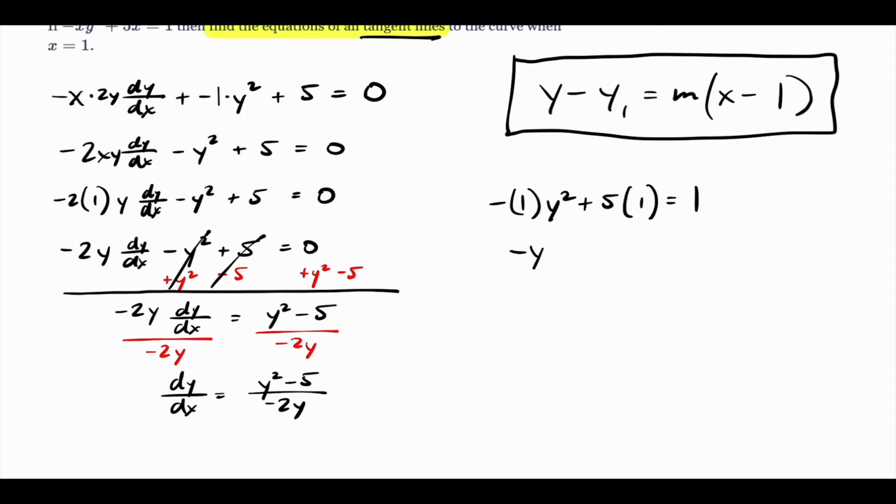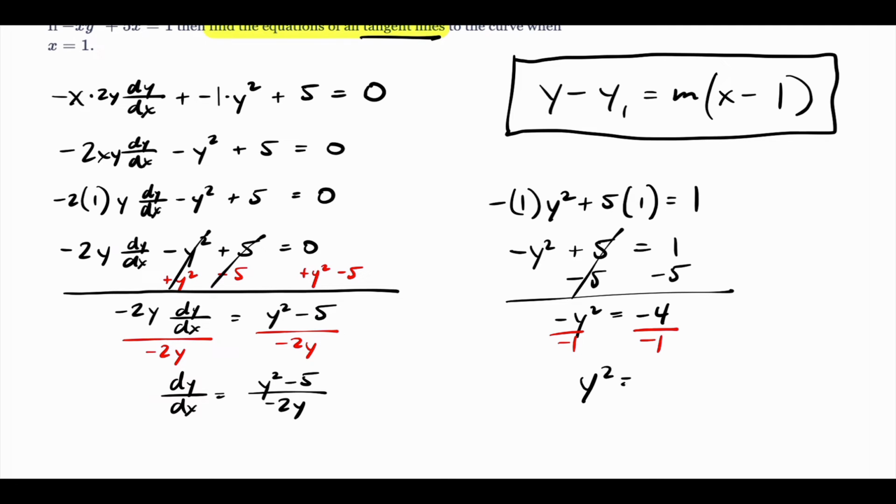So I get negative y squared plus 6 equals 1. No, not 6, plus 5. Then I'm going to subtract 5 from both sides. Then I'm going to divide by negative 1. And I get y squared equals 4.